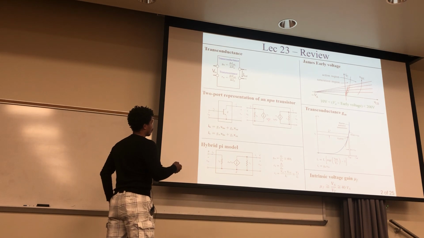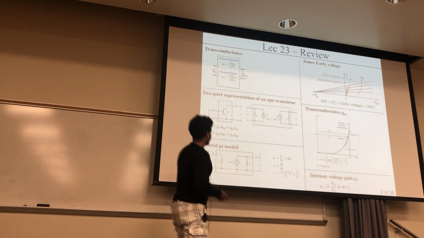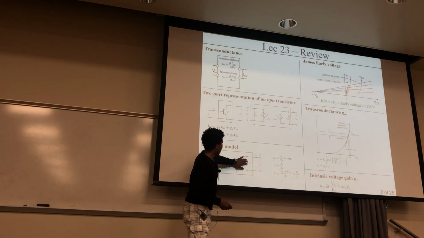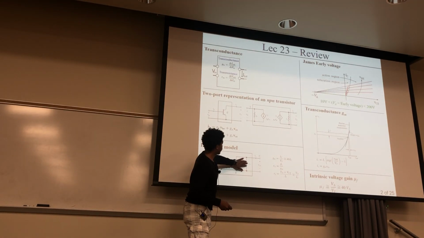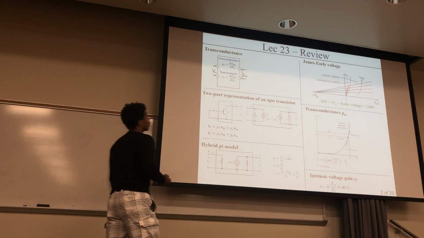So your voltage controlled current source is no longer there, right? And you could simplify this too by eliminating your output resistance right here. If you eliminate that, then you have an even more simple model.